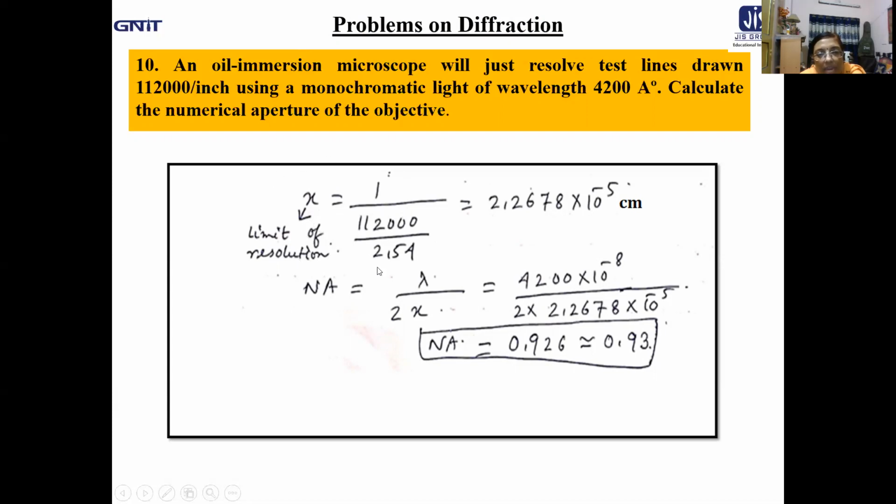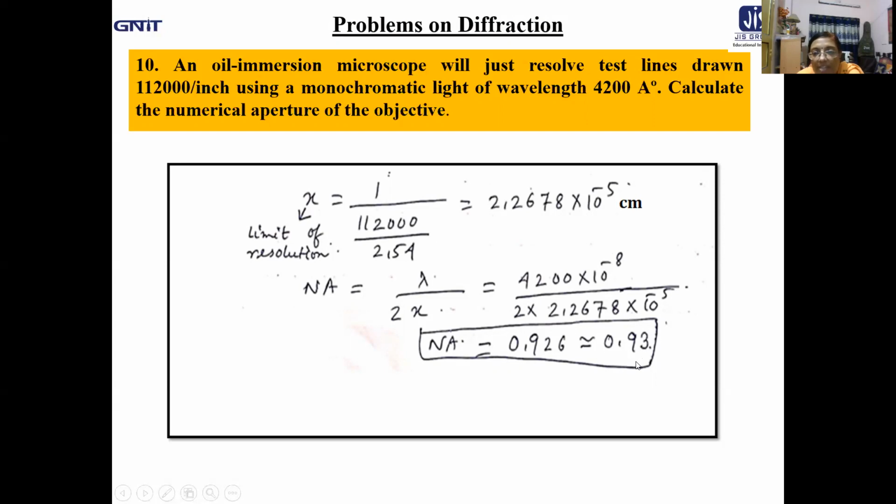This is a very, very important trick here which is used. That is x equal to 1 by this factor. Clear? Now you get it. So limit of resolution you got. Rest of the job is very simple. Numerical aperture is equal to lambda by twice x. So put the values and convert it into same unit.